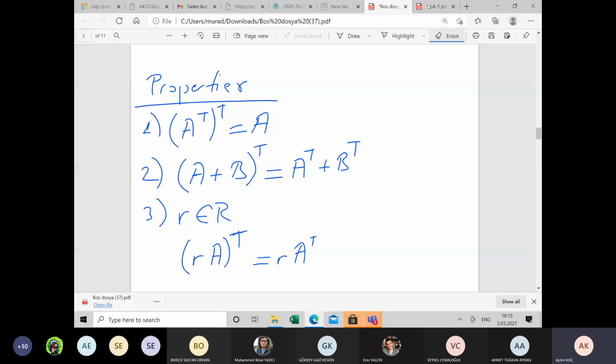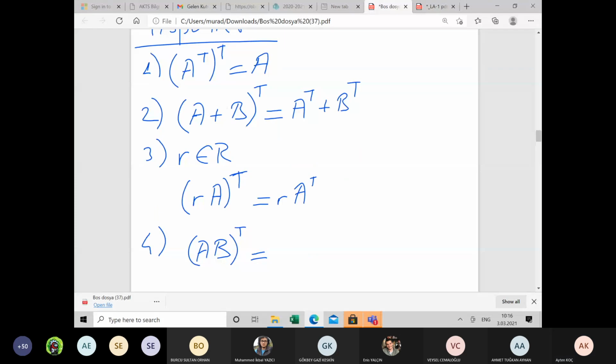The next and last property: take two matrices A and B of appropriate size such that this product is defined. Compute this product and we obtain a new matrix. Take the transpose. What can you say about this one? Is the transpose of the product equal to the product of the transposes? Is this one true or not?